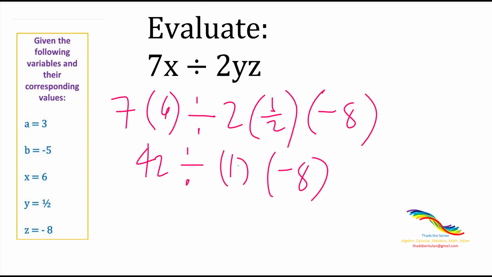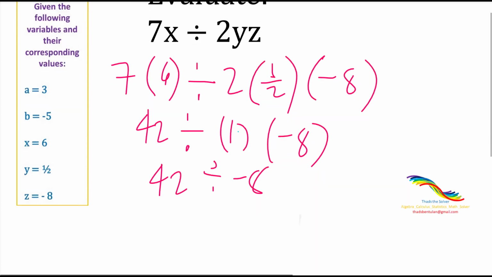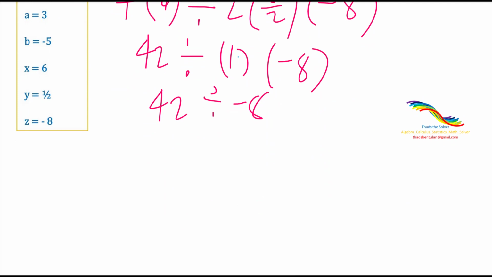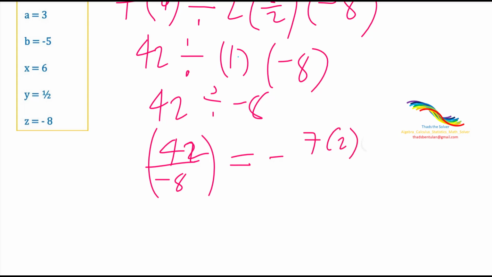So this is 42 divided by -8. It's a fraction. We simplify that. So this is 42 over -8. We'll just factor it out. -7 times 2 times 3, because 2 times 3 is 6, over 8, which is 2 times 4, right?